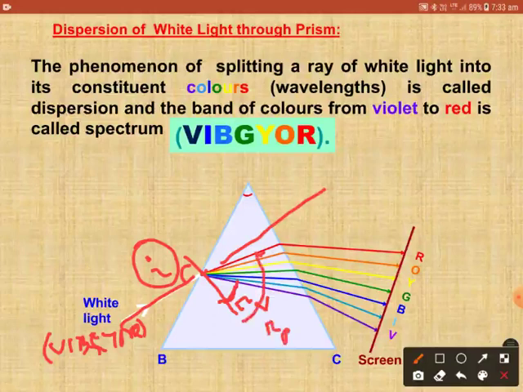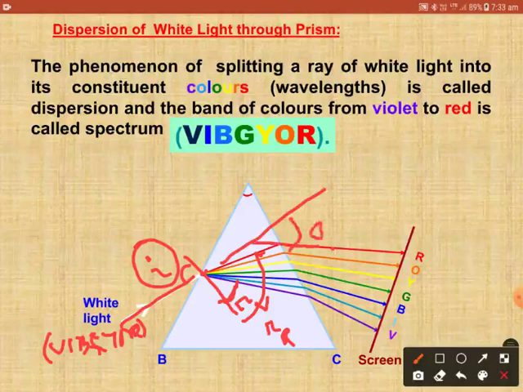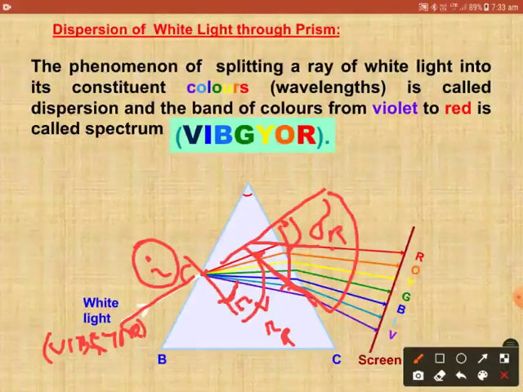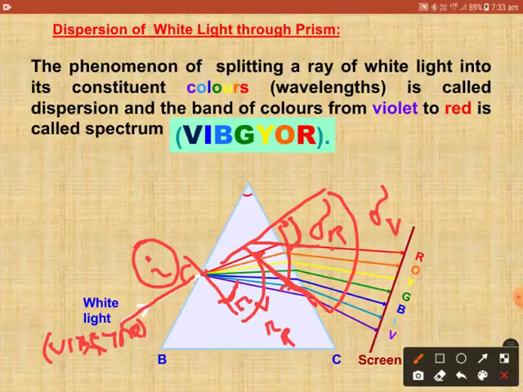But for the angle of deviation, for red light it is less, and for violet, if you retrace backward, this will be the deviation. So violet deviates maximum, and red light deviates less.